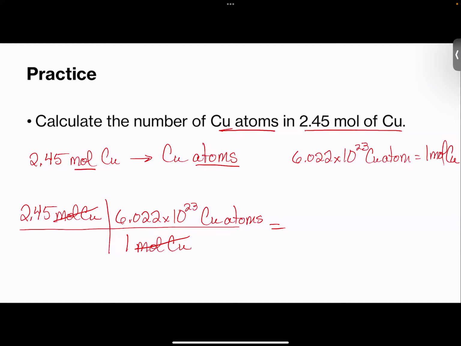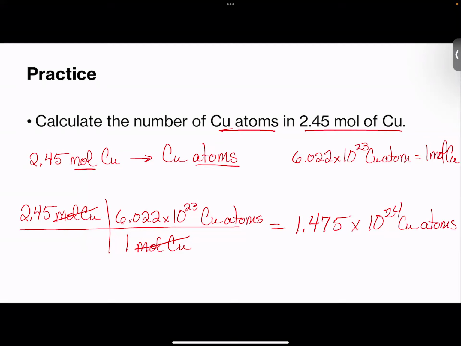And you key it into your calculator. And you get a value of 1.475 times 10 to the 24 copper atoms.